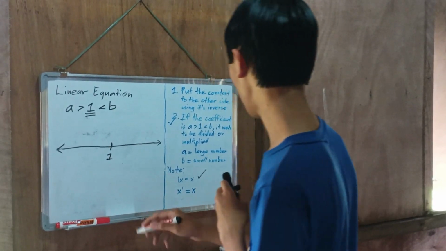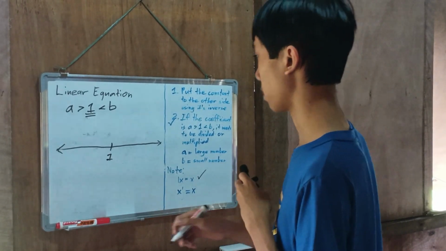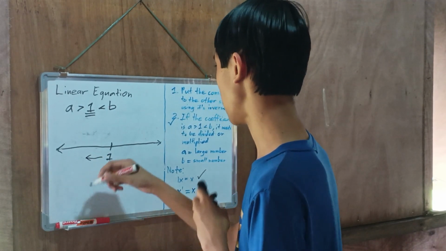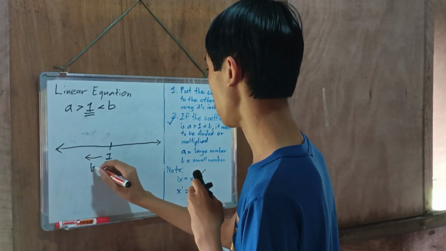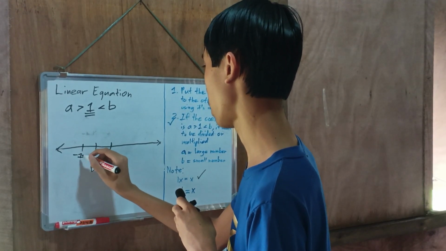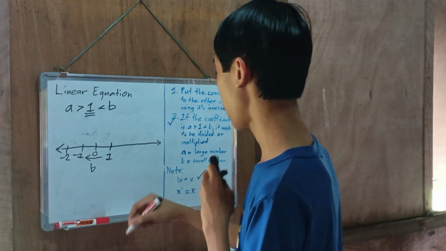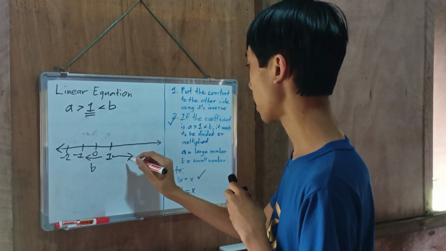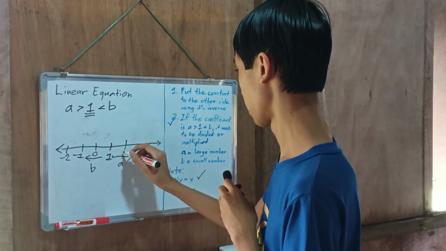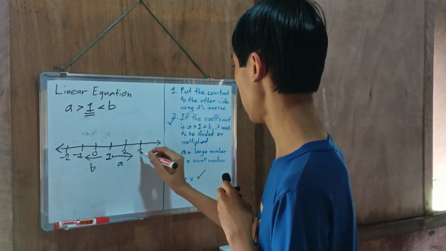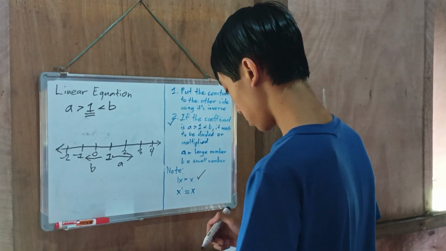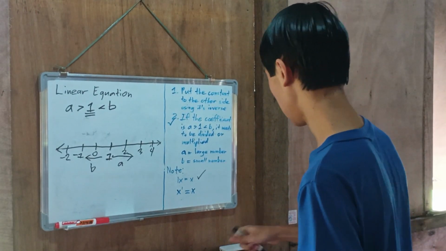This is where the coefficient is equal to a variable. If you go from here to the left, it is a small number, which we're going to represent as b. This includes 0, -1, and -2. And the right side represents the a, which is the large numbers like 2, 3, and 4.